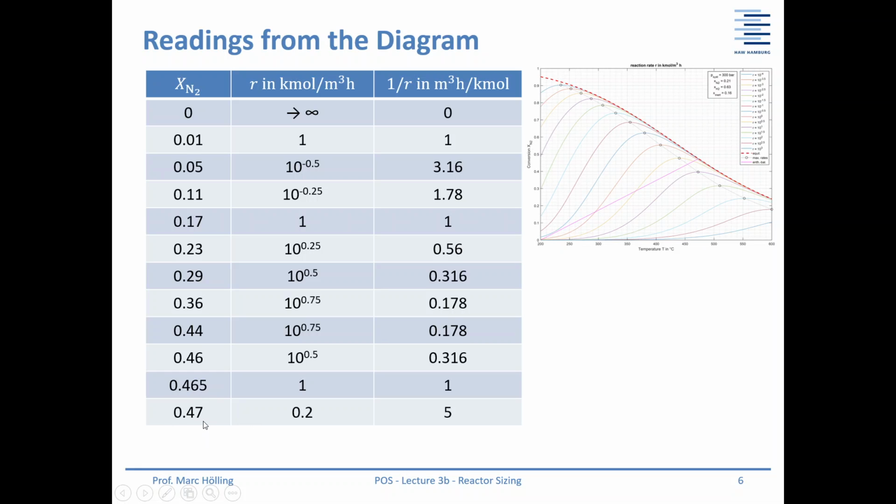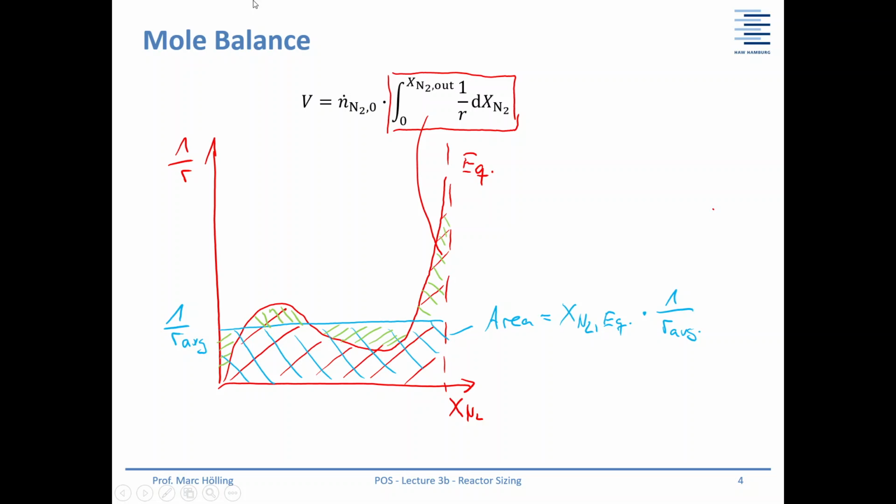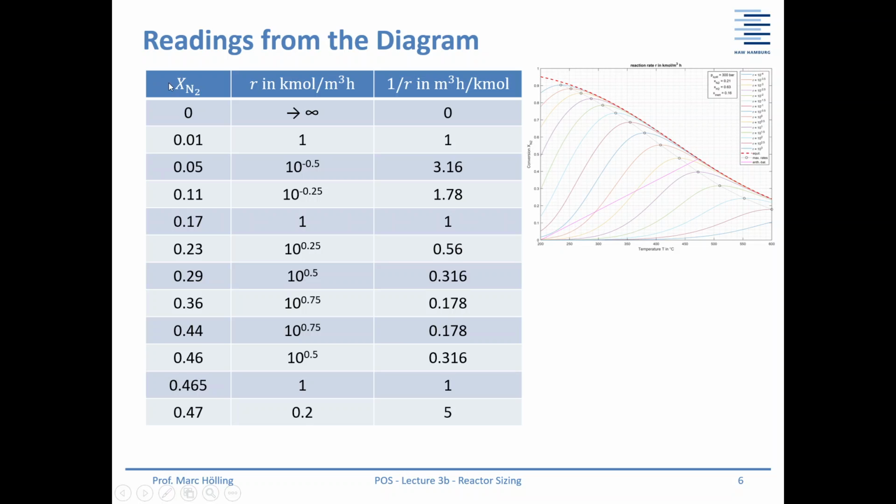Here's our equilibrium conversion, and here I just took a big value that fits kind of good to the diagram on the next slide. And for this diagram, we need not the reaction rate, but the inverted reaction rate, so 1 over R. And this is the third column that we have here.